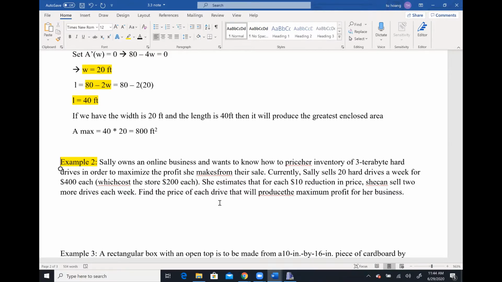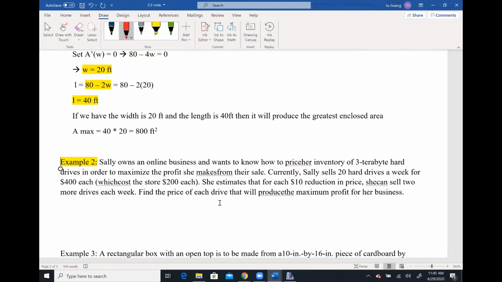Example 2 says Sally owns an online business and wants to know how to price her inventory of 3 terabyte hard drives in order to maximize the profit she makes from their sale. Currently, Sally sells 20 hard drives a week for $400 each.